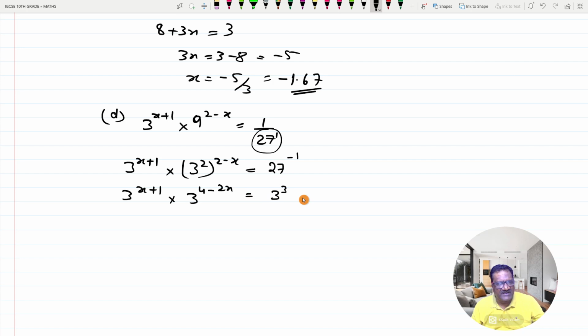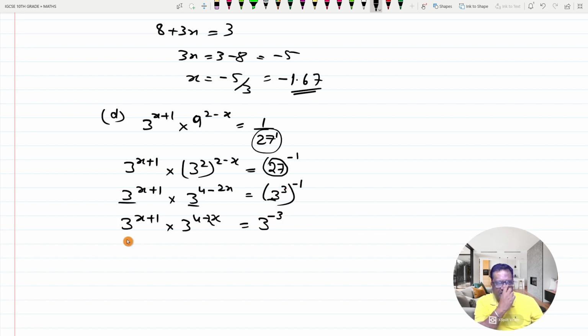Okay, only this 27 I'm writing as 3 cube. And you have it raised to minus 1, so I'm writing that over here. So I get this equation. Now I can see that the bases are becoming equal everywhere. So again I'll do this 3 raised to x plus 1 times 3 raised to 4 minus 2x, equal to 3 raised to, now 3 into minus 1 happens to be minus 3. Okay.